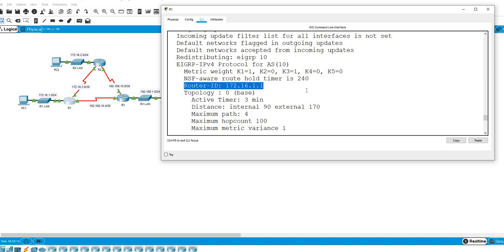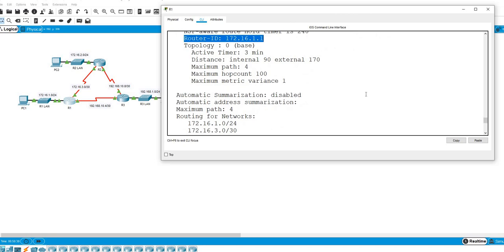If we don't assign a router ID, it is chosen by the router itself, and it is the highest active interface address.